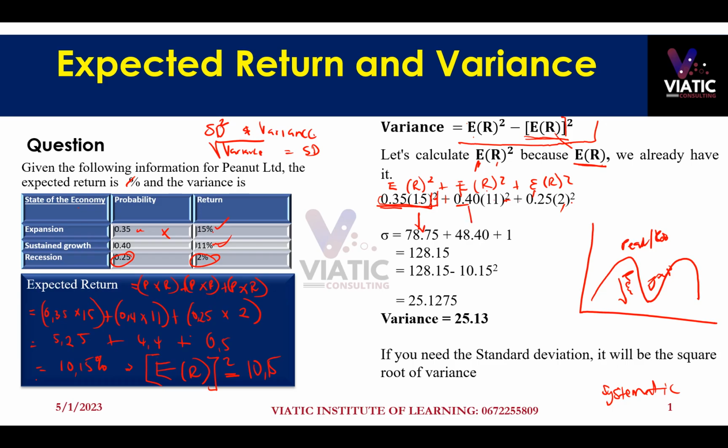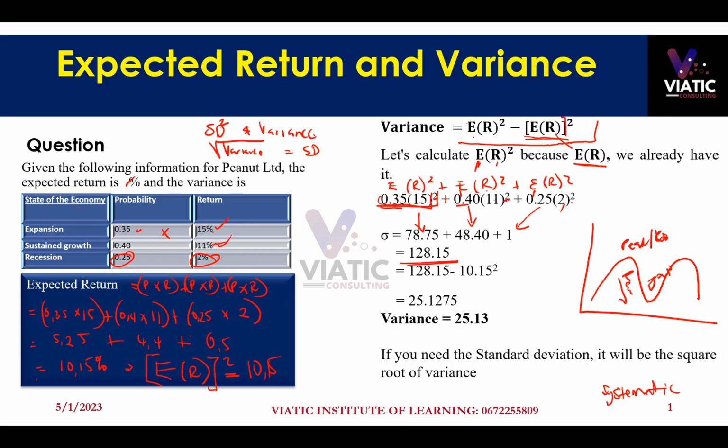If you calculate this part, we are going to get 48.40. If you calculate this part, we are going to get 1. Then we add, then we are going to get 128.15. Then now we take the expected return that we had here, then we just square it. If we say 10.15 squared, I've not calculated the value.